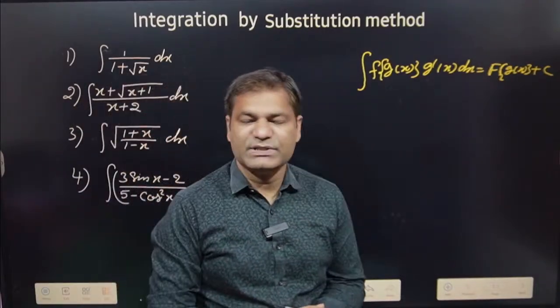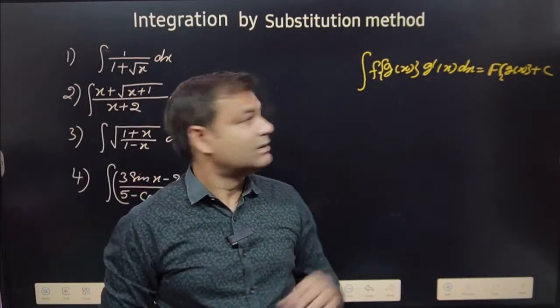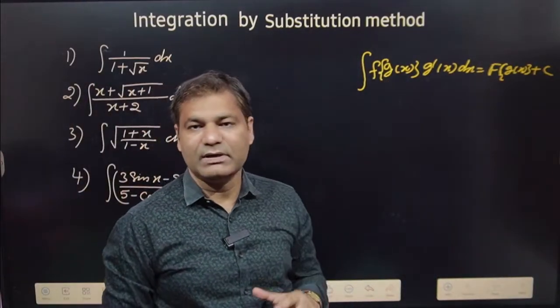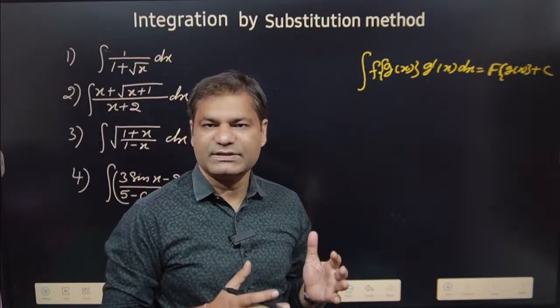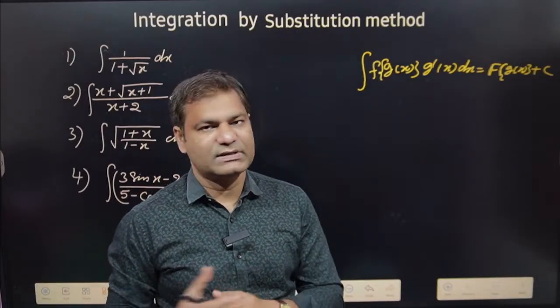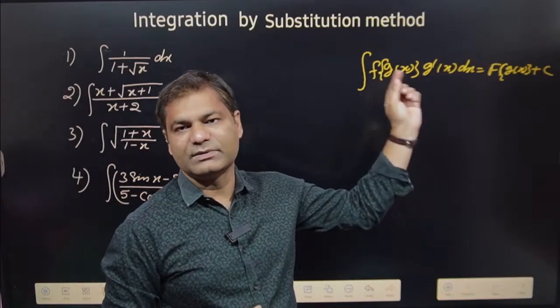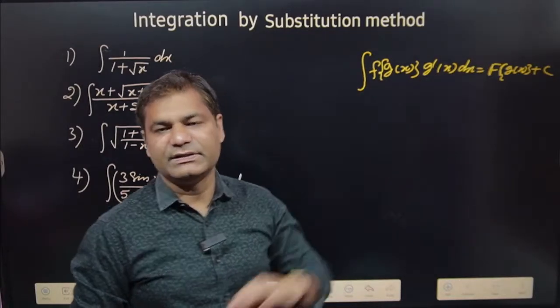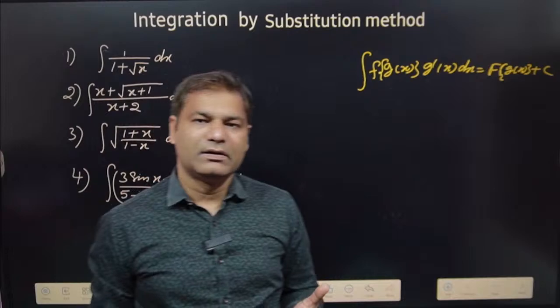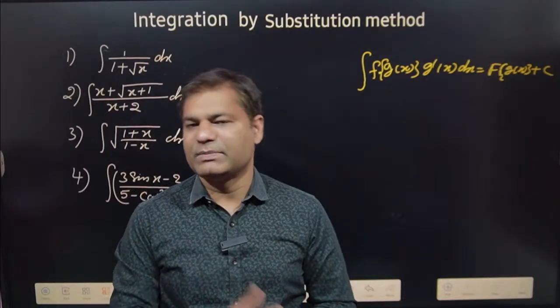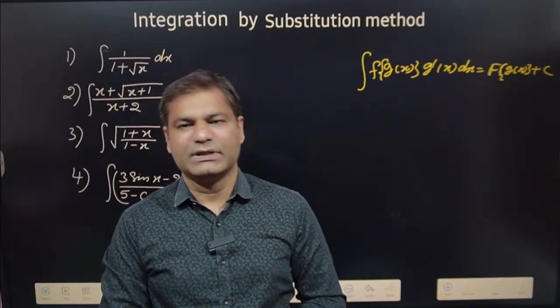Basically, if g of x is available, we take g of x as t, then g prime x dx is also available and is simply written as dt. So the integral of f of t dt is capital F of t plus c, and after that t is replaced by g of x.